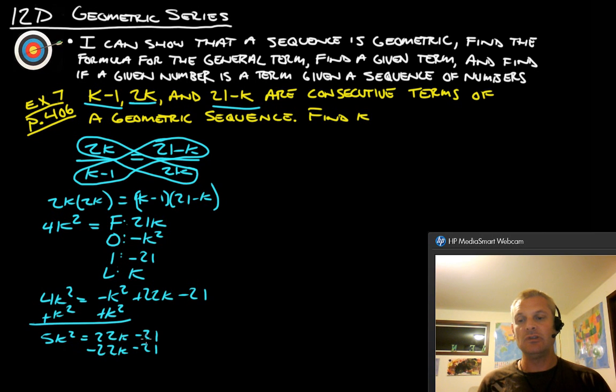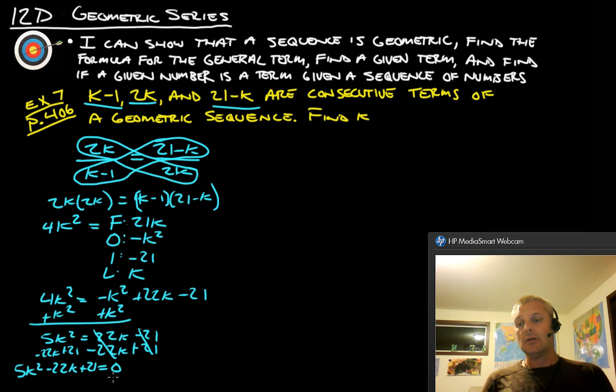I'm going to subtract 22k and add 21 to both sides. Oh wait, we subtracted 21, so we've got to add 21 to both sides. So we get 0 equals 5k squared minus 22k plus 21. Now we have to figure out what makes this equal to 0.